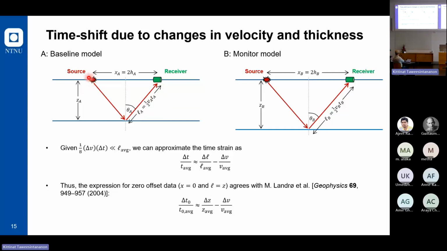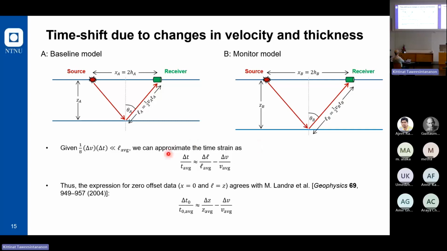We shoot the seismic, the ray path is a straight line and is reflected back to the receiver here. After a while, we acquire the monitor model. Here you see that the thickness has changed and the velocity has changed because of some subsurface activity, for example, oil production or injecting CO2 gas into the subsurface.